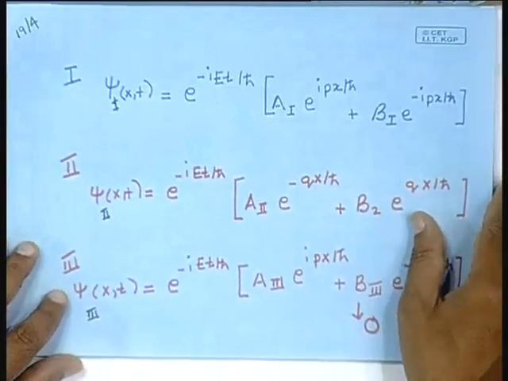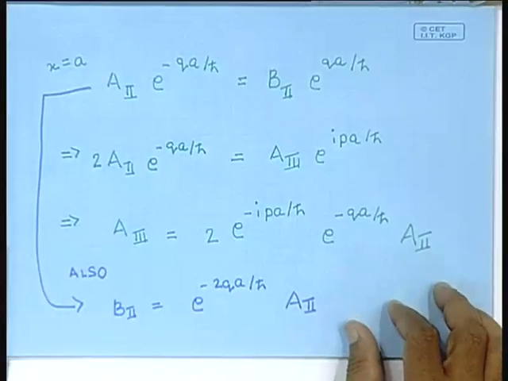So, we have analyzed the boundary at x equal to a, and using this we have obtained a relation between the coefficients on the right hand side of this boundary and the coefficients on the left hand side of this boundary. Let us now analyze the boundary conditions at x equal to 0 and see what it tells us. So, x equal to 0 is what we are going to look at next.